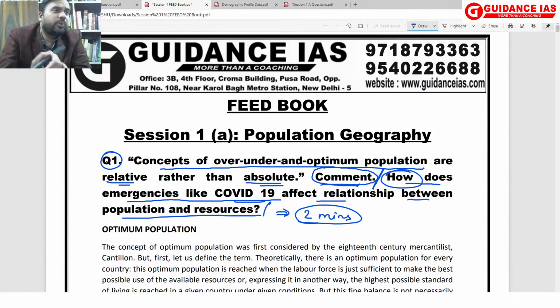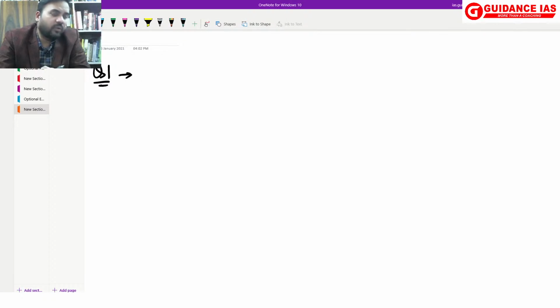Now I hope all of you are aware what is overpopulation, underpopulation and optimum population. Yes or no? Are all of you aware what these terms are? Okay, most of you say yes.